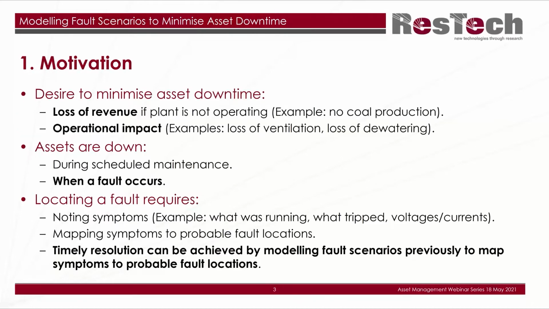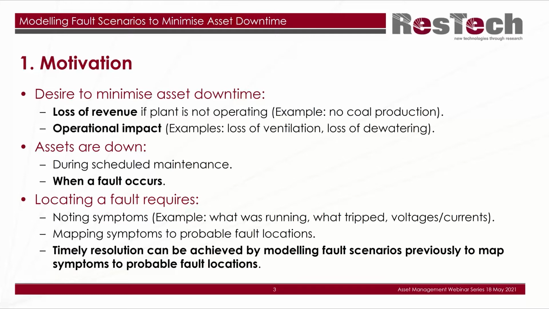Okay, so to start off with, let's have a look at the motivation for why we want to do modelling of fault scenarios in the system. So obviously, we want to minimise asset downtime, and why we might want to do that is that if our asset is not operating, then we've obviously got a loss of revenue. Okay, so for example, if we're talking about a coal plant, it means that we're not producing coal.